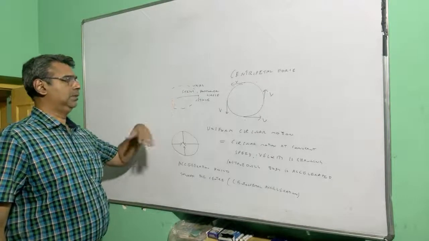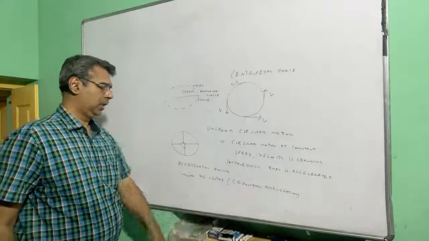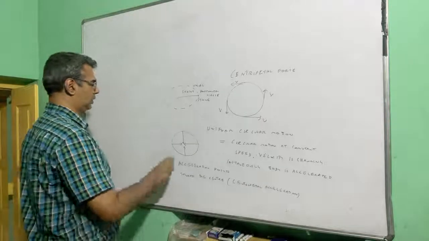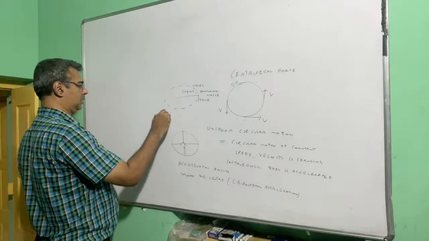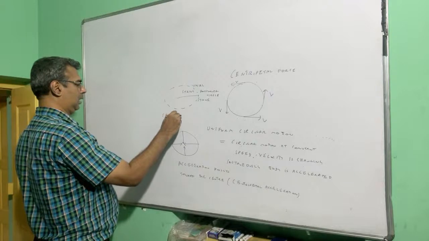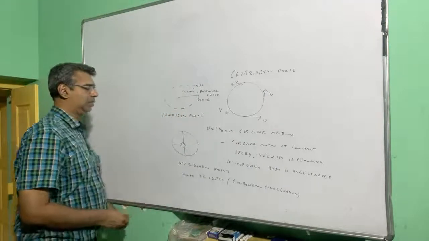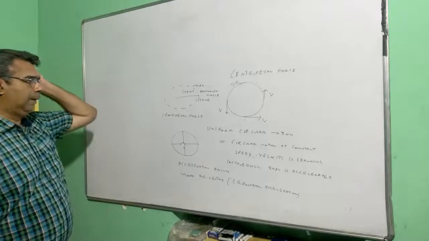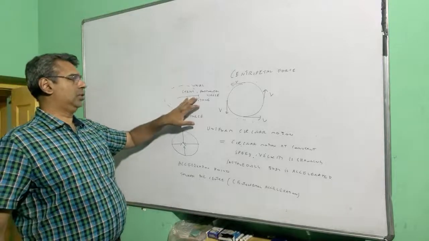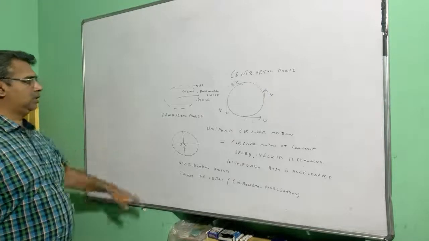So if there is circular motion, there has to be a centripetal force. Centripetal acceleration automatically means there has to be a centripetal force, because you know that mass into acceleration is force. Once again, you take a stone, tie it to one end of a string and whirl it in a horizontal circle.